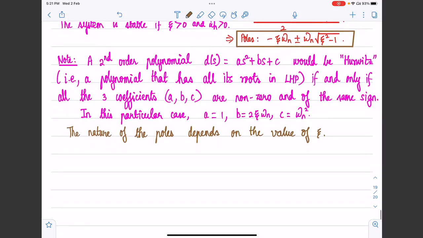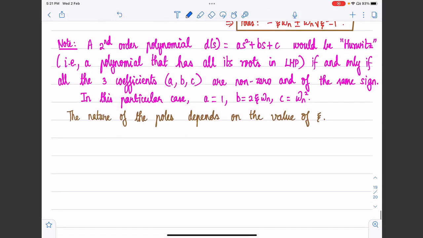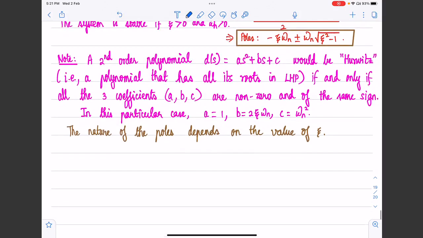Let us look at what these different types of responses are. Let us first consider the case where the parameter zeta is between 0 and 1.